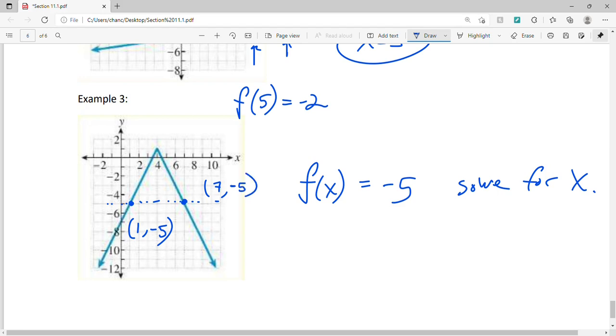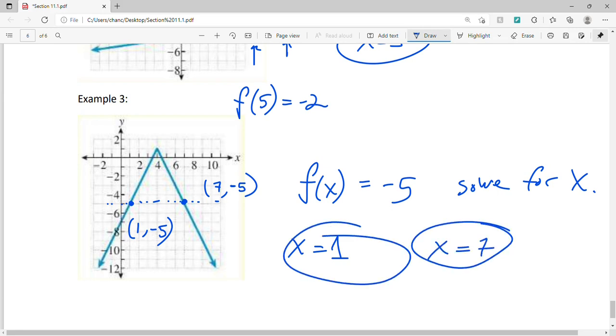That means we have 2 solutions. X could be equal to 1, or x could be equal to 7, because this is our input x. We are given the output is a -5 or y, and so we're asking you to find x.